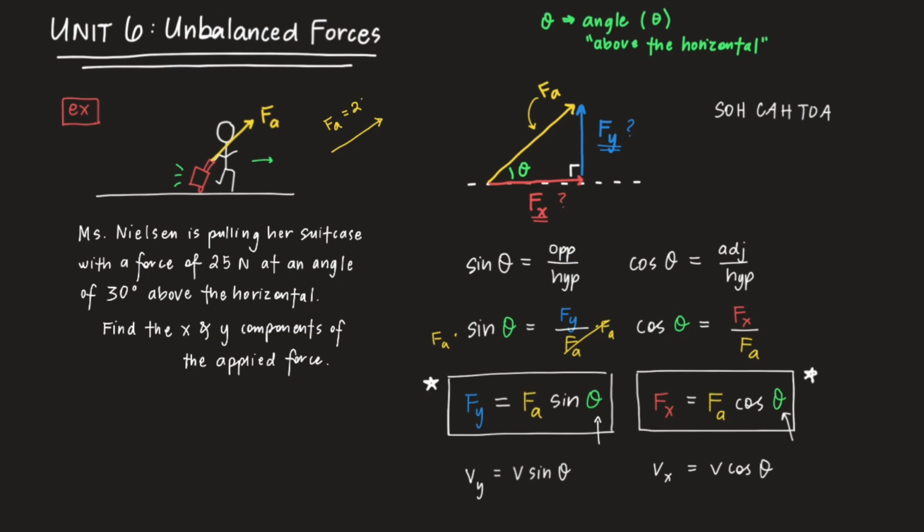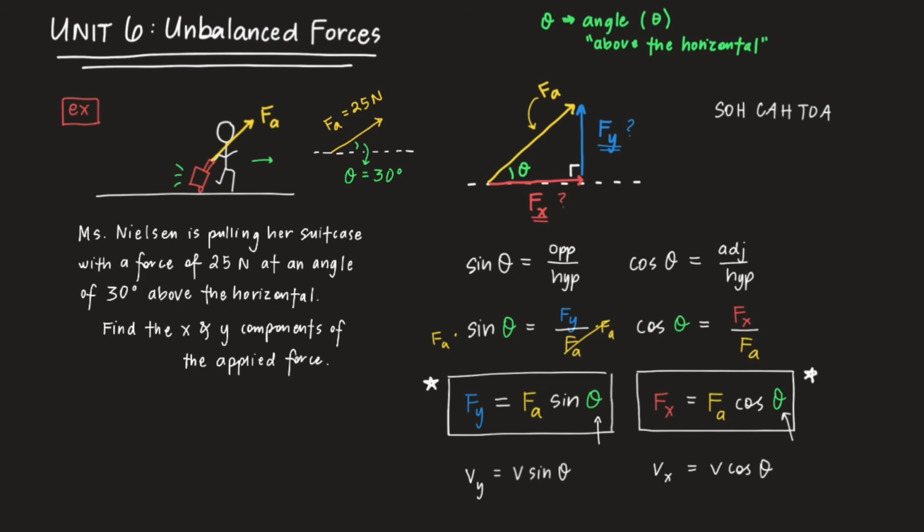The applied force is 25 newtons. That's how much I'm pulling the suitcase. And I'm pulling it at an angle above the horizontal, which is that angle right in there. That angle is 30 degrees. So my angle is equal to 30 degrees above the horizontal.